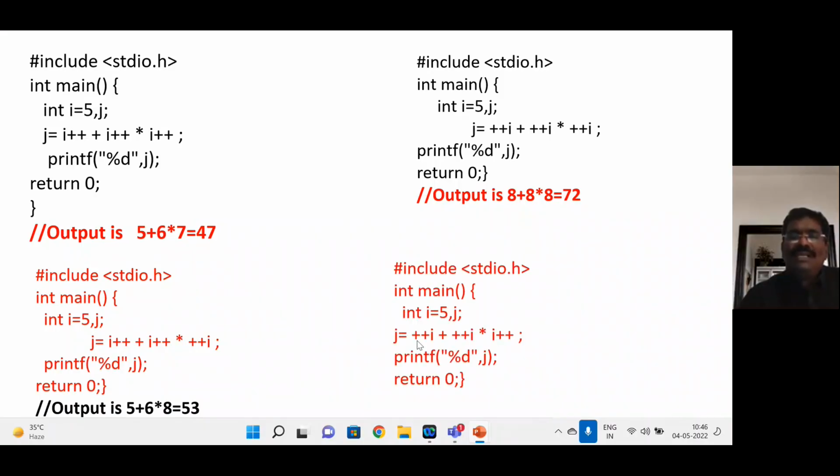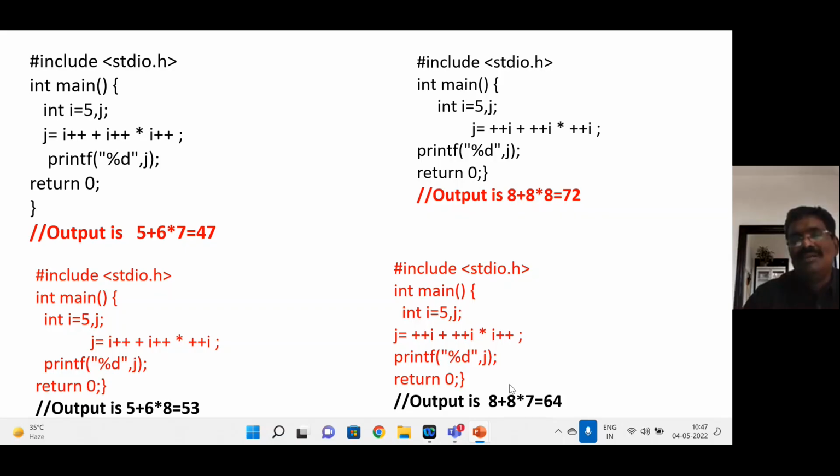Now the same thing, you see plus and star. Here: #include <stdio.h>, int main, int i is equal to 5 and j is equal to ++i * i++ ... But what is the output of this? Two plus operators, totally 3, so that is 8 and 7. When you see pre-increment, it will always take the total number of increments plus the initial value. 5 plus 3, that is 8.